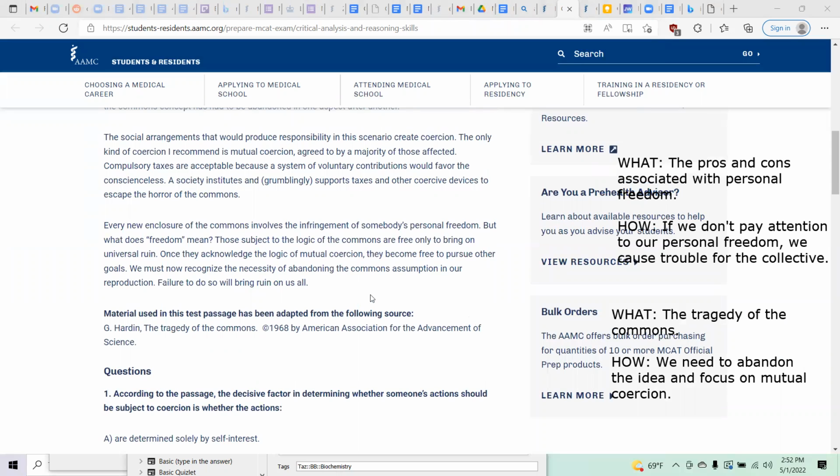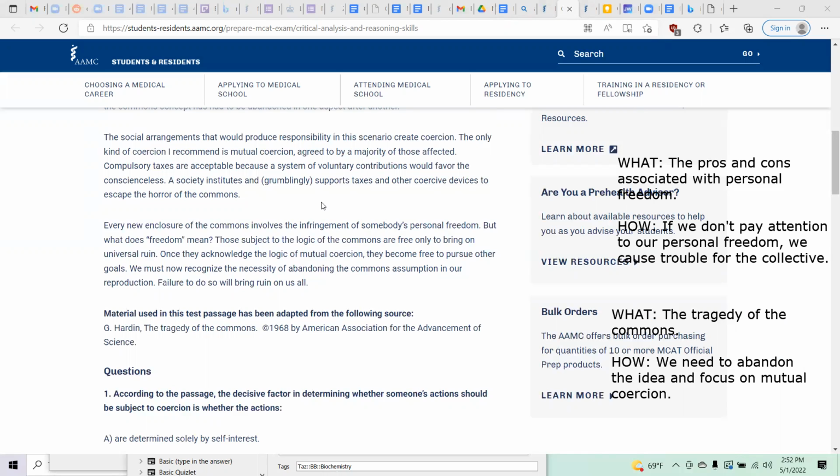It literally says, the only kind of coercion I recommend is mutual coercion agreed to by a majority of those affected. And it doesn't say anything about self-interest only, although he does talk about people adding more to the commons for their personal gain. But this is different from what he's saying in that line.